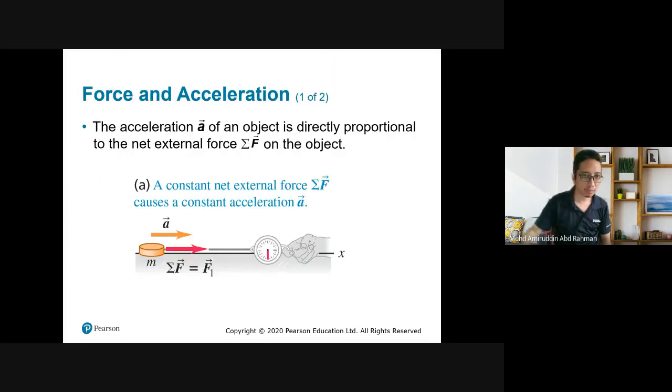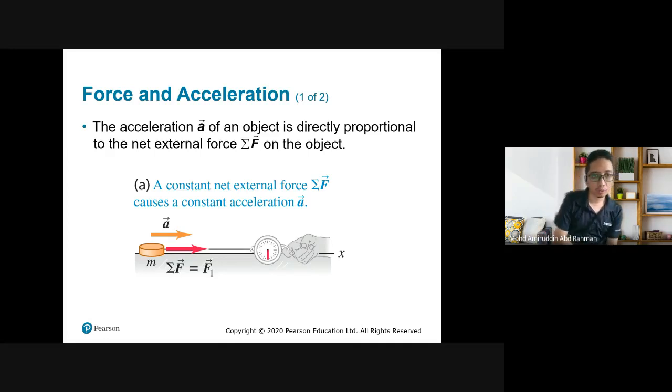Let's look at another example. The acceleration a of an object is directly proportional to the net external force on the object. Let's say we have an example here. The total summation of the force is equal to F1. We have the mass over here, and there is an acceleration because of the tension force.